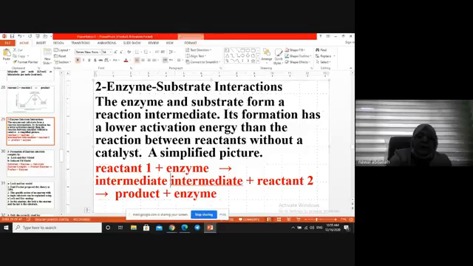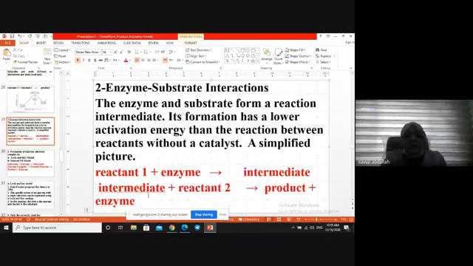This intermediate will react with reactant number two to form the product plus enzyme.